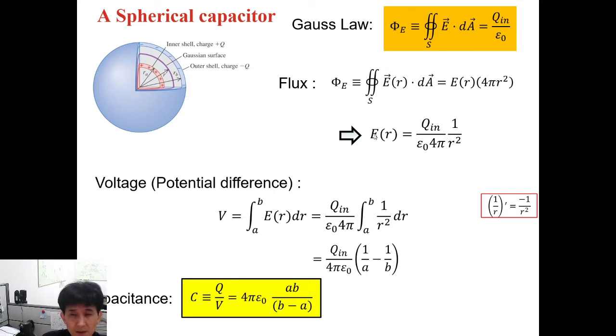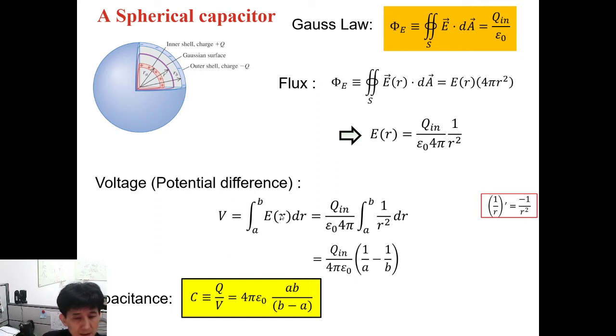That is, electric field is equal to Q over 4 pi epsilon 0, times 1 over R squared. So in this case, electric field is proportional to 1 over R squared.